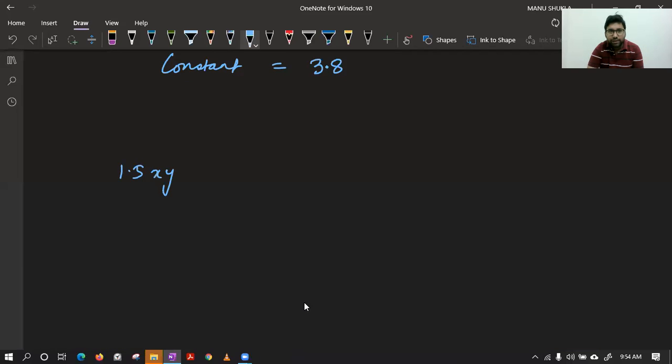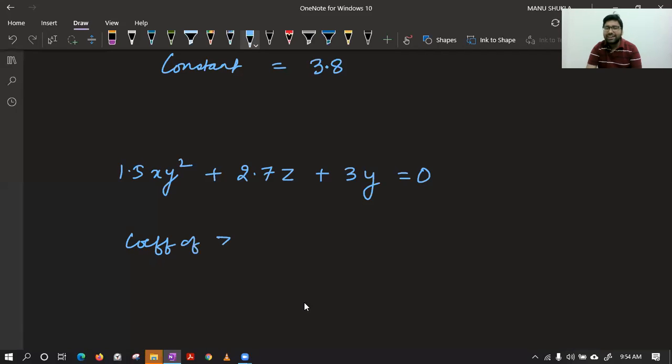1.5xy square plus 2.7z plus 3y equal to 0. Class, tell me, what is the coefficient of z? It is 2.7. Very good. Tell me the coefficient of x. Don't make any mistake. Be very careful. Cover the x and see whatever is multiplying with x.